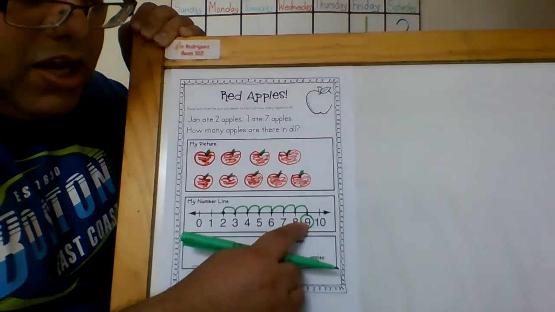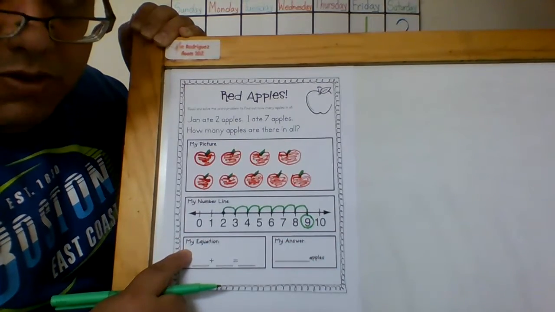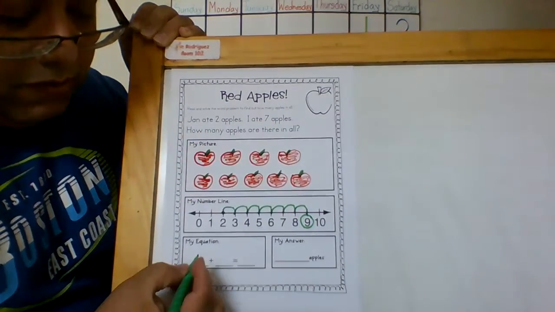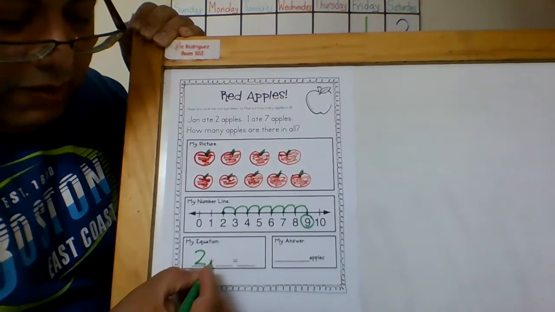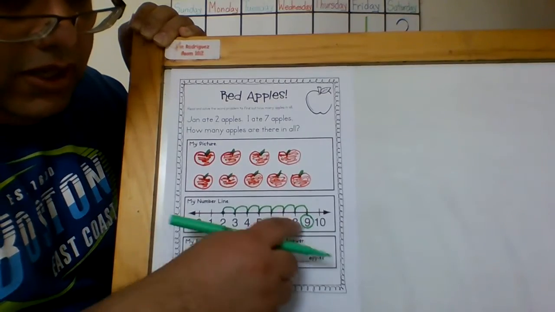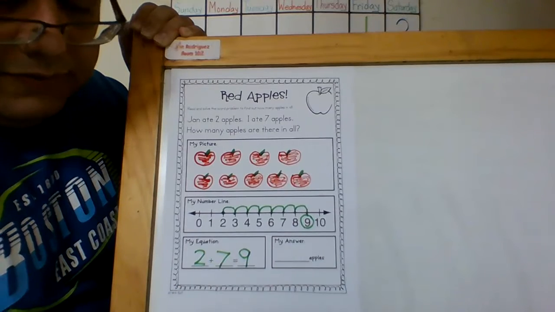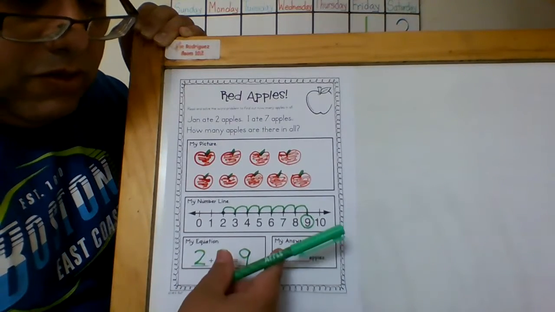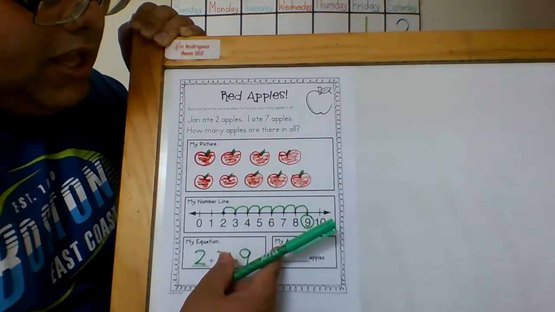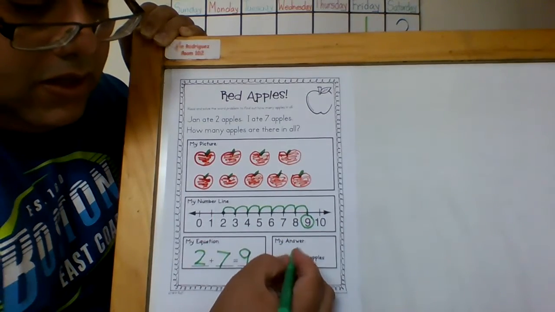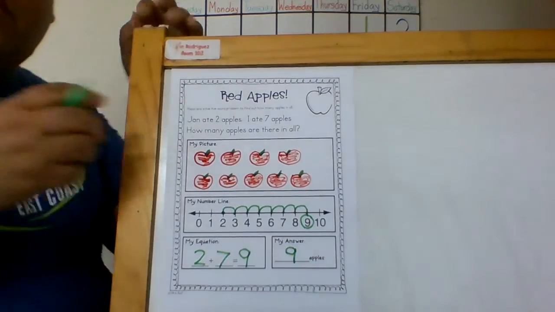Now that I marked the 9, I'm going to do my equation, which is step 3. The equation is 2 plus 7. So 2 plus 7 equals, what's on the number line? 9. So my answer to the question, how many apples are there in all, is 9 apples. Okay?